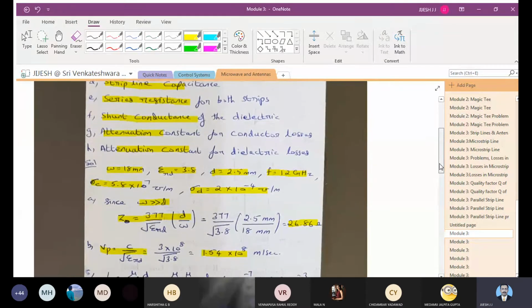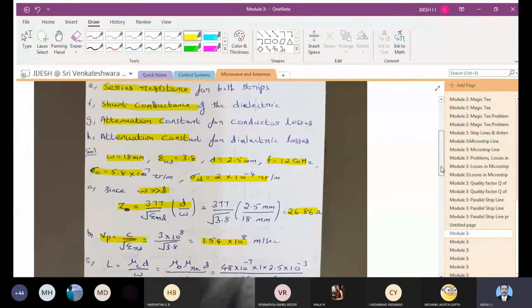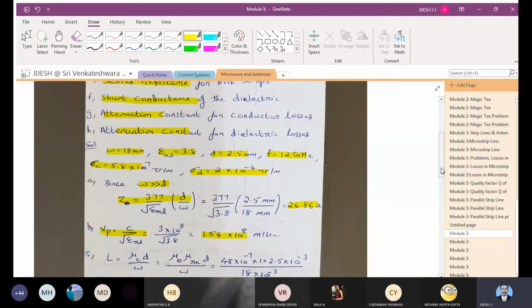L is equal to mu C D by W, and you will get it as mu naught mu RC D by W. So 4 pi into 10 to the power of minus 7, into 2.5 into 10 to the power of minus 3, by 18 into 10 to the power of minus 3.